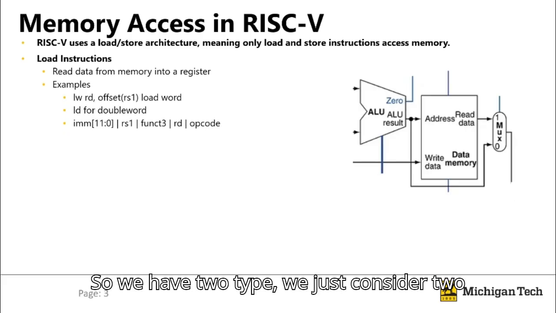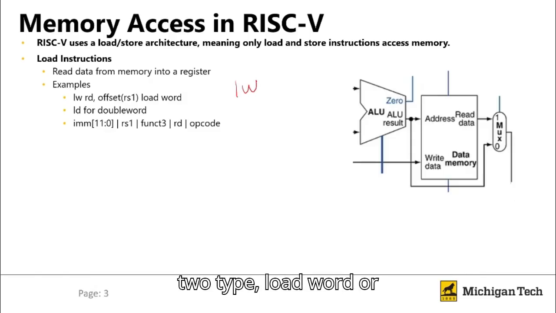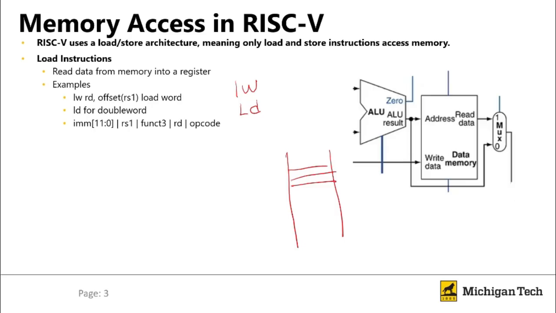So we have two types. We have more, but we just consider two types: load word or load double word. Accessing memory is based on offset and base. Memory is like this.